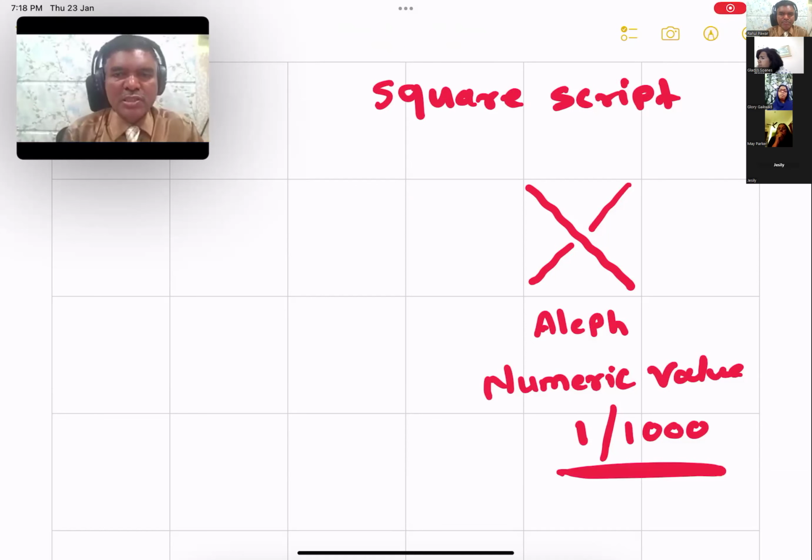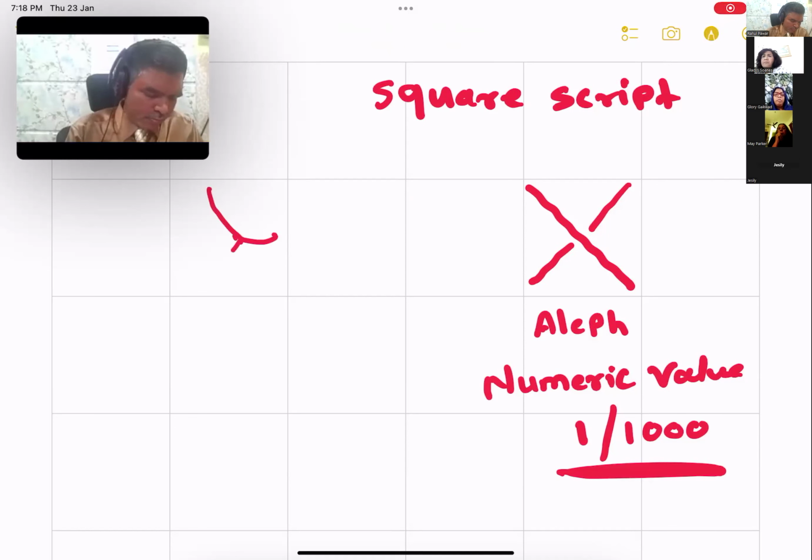And secondly, in pictographic language, this was written like this. So, head of an ox.